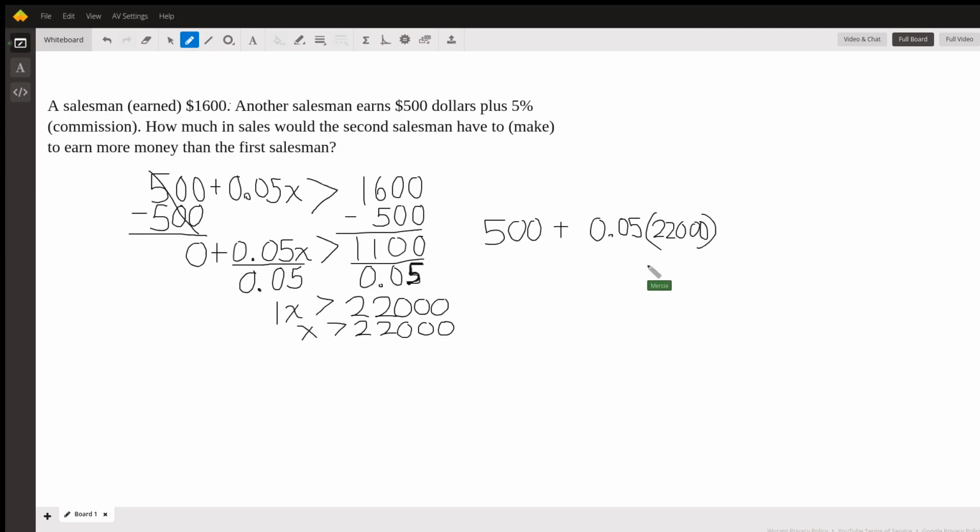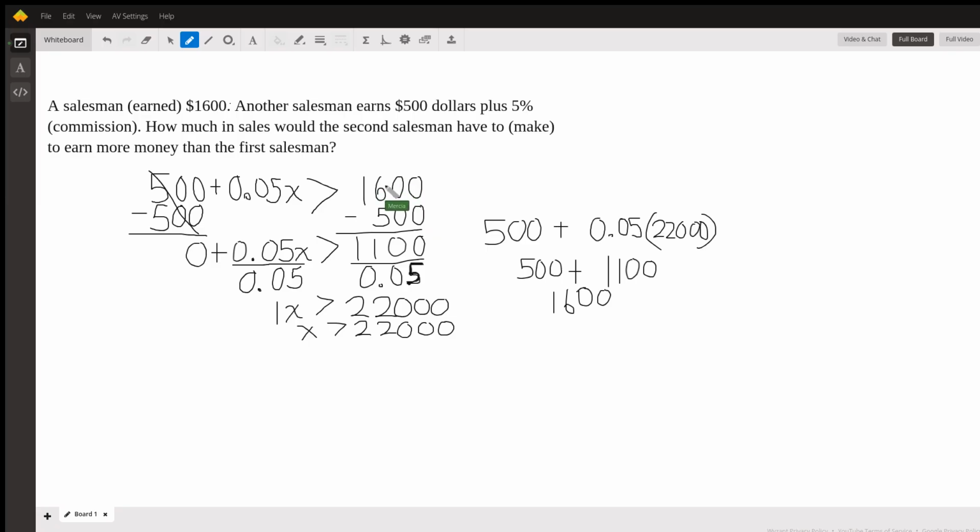That's the $1,100. 1,100 plus 500 is 1,600. Now, that is the value that we started with for salesman number 1.